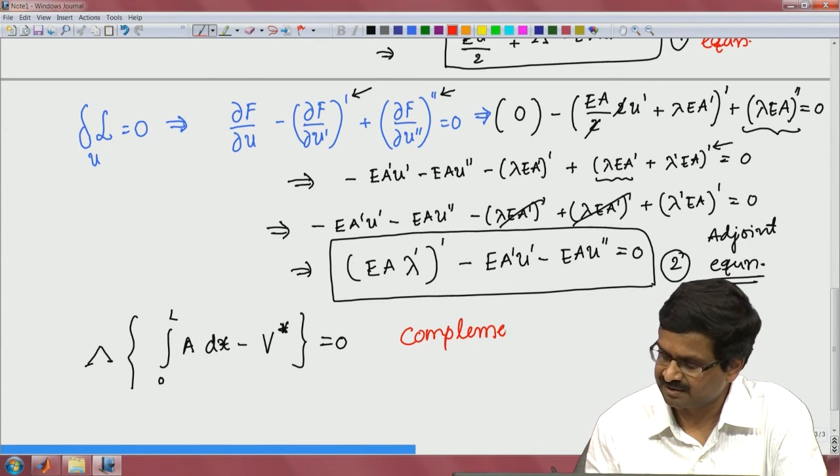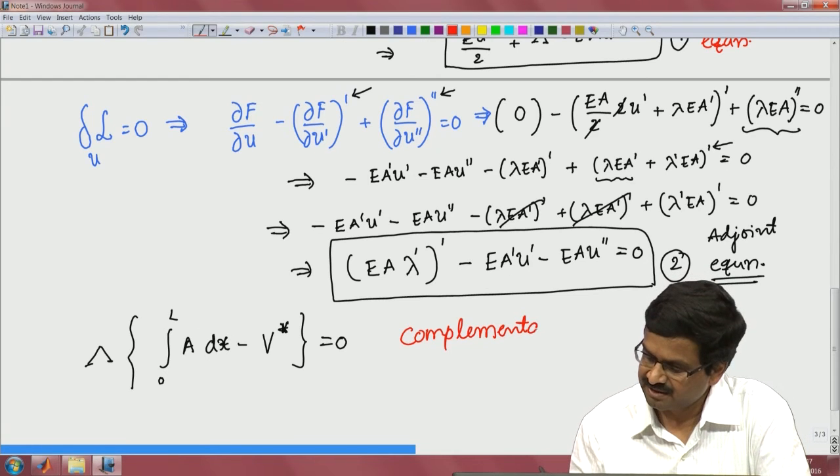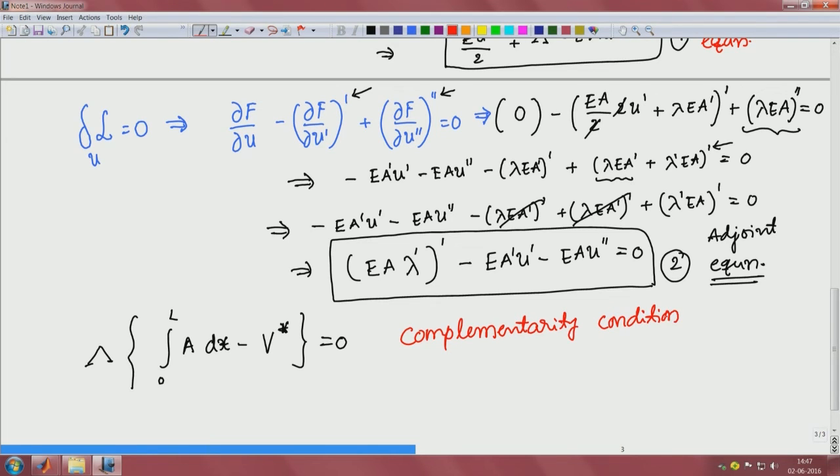Whenever we have an inequality constraint, we need to have this complementarity condition. And then we have the governing differential equation E A u prime prime plus p equal to 0. Another thing that should hold, in addition to this complementarity condition, is that lambda should be greater than or equal to 0. Lambda can be 0 or positive, but not negative. So we have these equations.